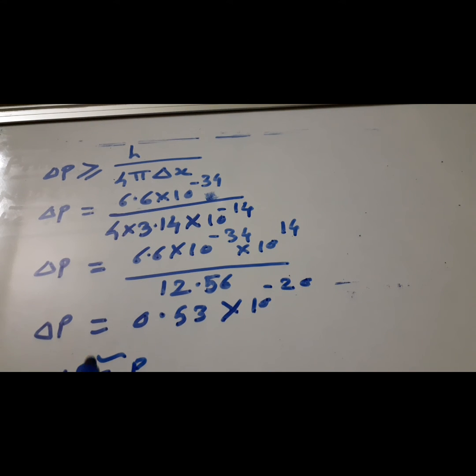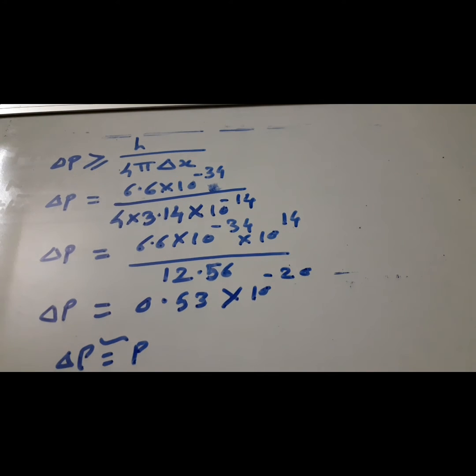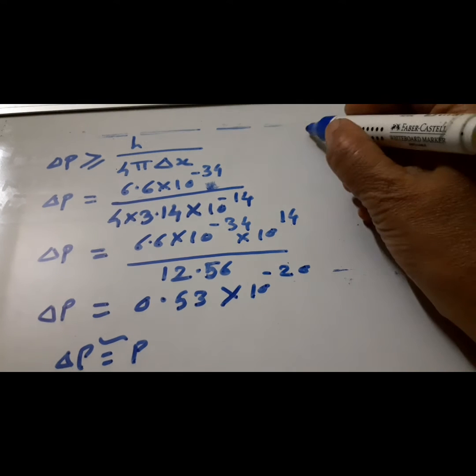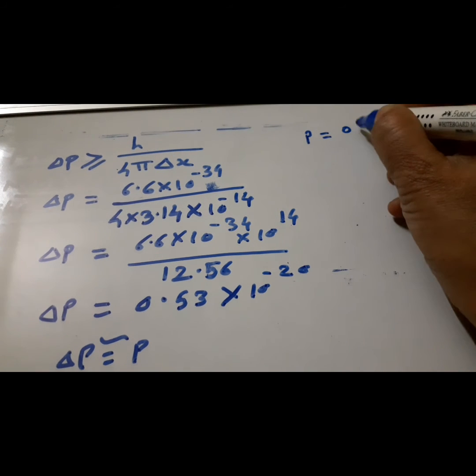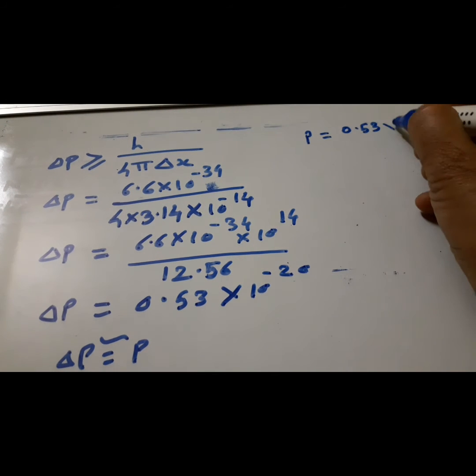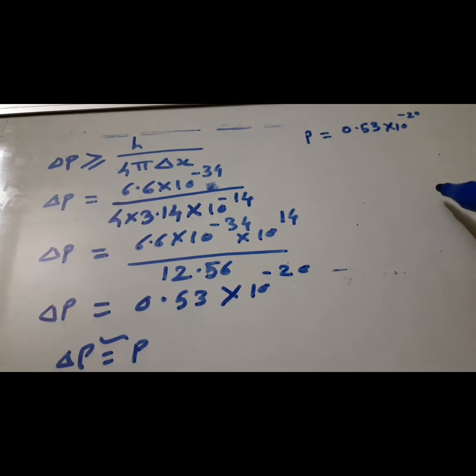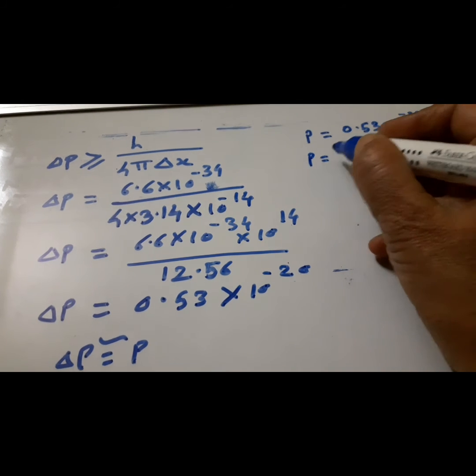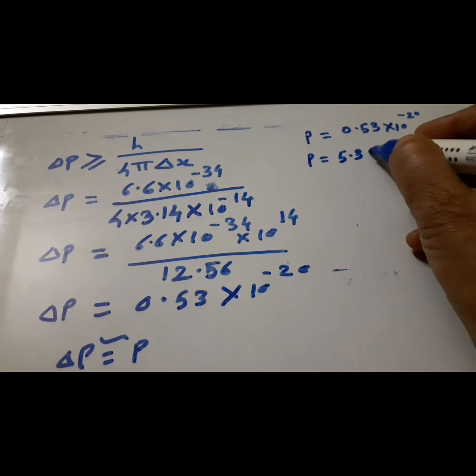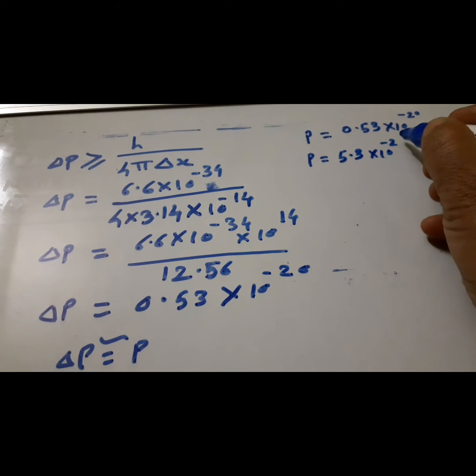Therefore p is equal to 0.53 into 10 to the power minus 20, or we can write p is equal to 5.3 into 10 to the power minus 21 kg meter per second.